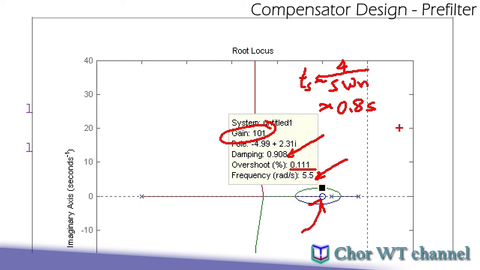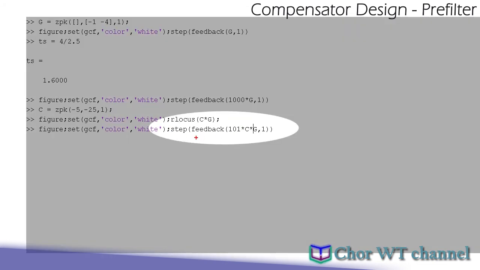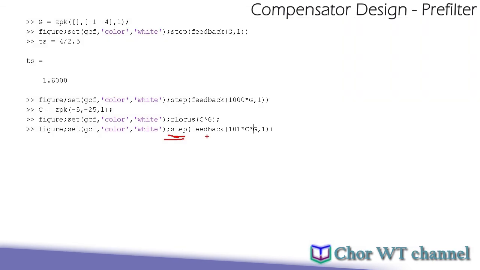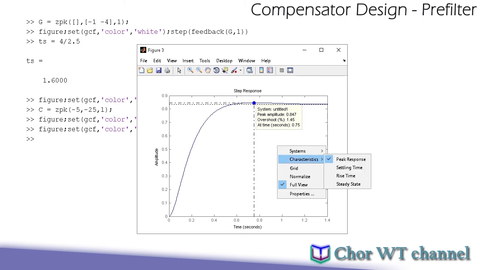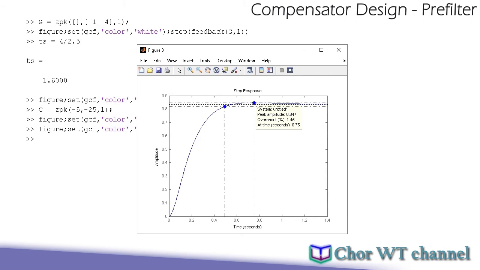So let's verify this. I'm going to generate the step response with a feedback system of just now we set the gain, or we encounter the gain of 101, and now I will have the C and G together, the compensator system, with an additional gain of 101. So let's simulate this. We have this step response, so let's look at the peak response and also the settling time.